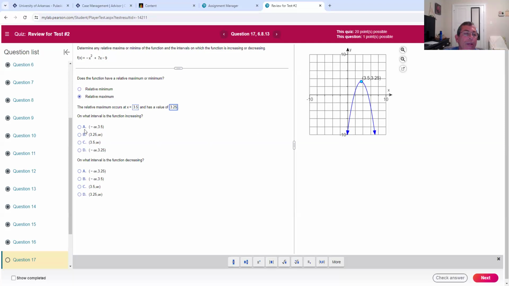So y'all, the increasing would be negative infinity to 3.5, which means the decreasing starts at that 3.5 on the x-axis and heads to positive infinity. So that one would be from 3.5 to infinity. So if yours is upside down like mine, you're going to start at negative infinity to the number and then go from the number to infinity for the decreasing, okay? All right, y'all. So that's all we had to do to that one was just look at it and get the maximum and then the intervals.